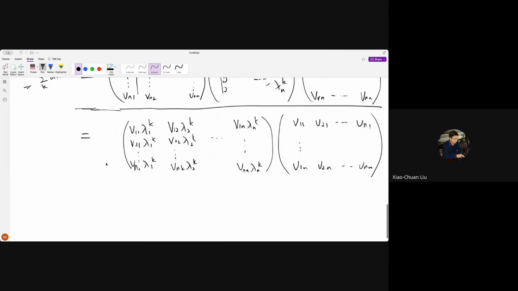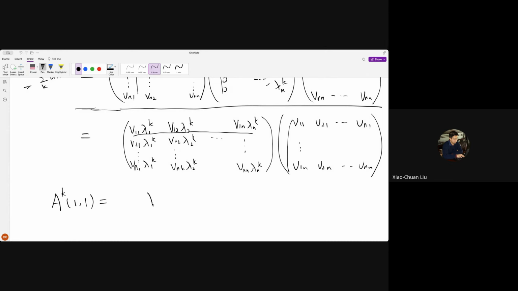And then, for example, I'm looking at a to the power of k ij. I think probably I need to put it 1 1 again. So it will be this row multiply this.